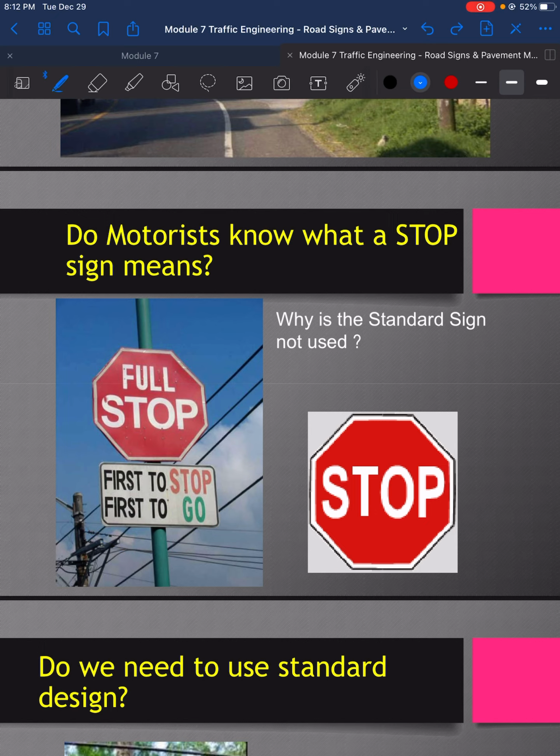Full stop? Immediately? Redundant here? No. You should follow the standard sign so that it's consistent. You don't put anything extra inside, because it's already standard. As mentioned earlier, our road signs should be consistent so motorists are not confused.